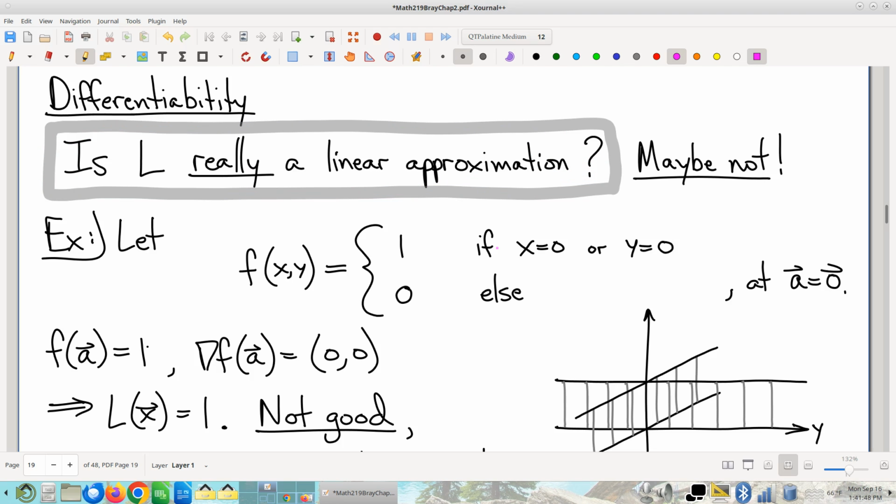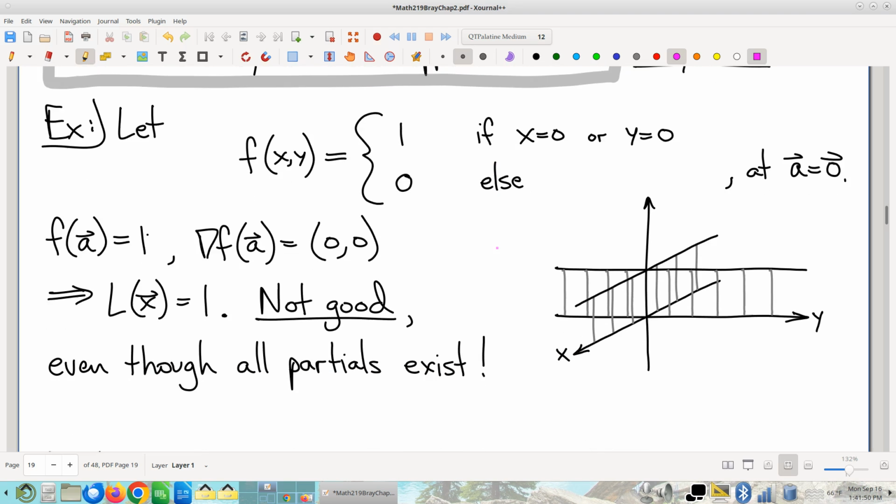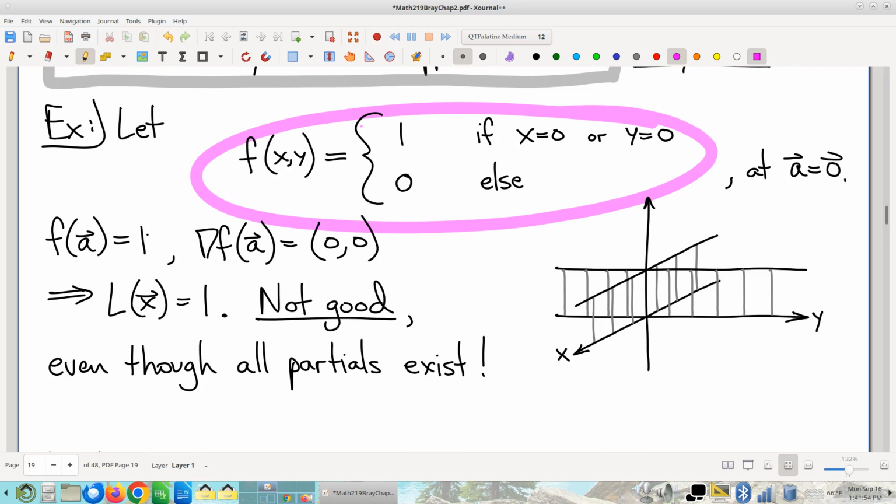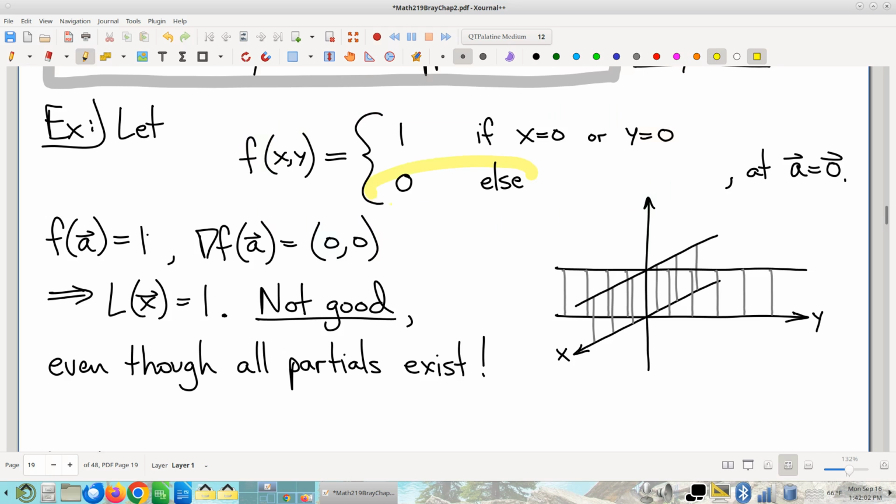So here's my example. Let's think about this function right here, which admittedly is weird. Weird is legal. It's a perfectly good function, frankly, and it's defined to be 0 most places. So over here in the first quadrant, the value of the function is 0. Fourth quadrant, the value of the function is 0. Likewise, third quadrant, second quadrant, everywhere except on the axes.